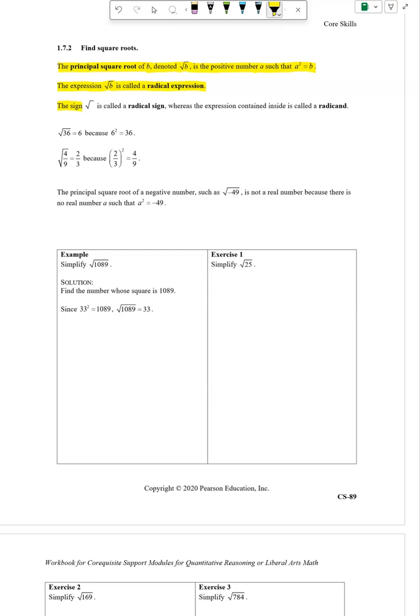The sign, well, this sign is called the radical sign, is what I should have said, sorry. Whereas the expression contained inside is called the radicand. So this is the radical sign, and whatever is written in here is called the radicand, okay?